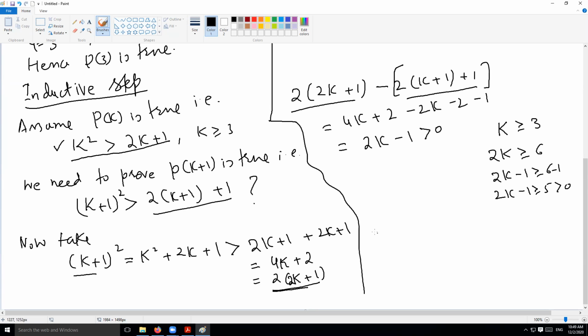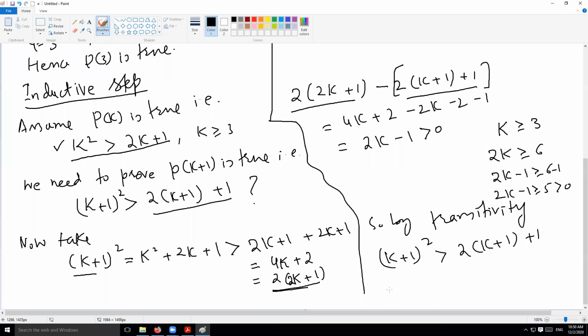So we proved that (k+1)² is bigger than this number, and this number is bigger than this number. So by transitivity, we proved that (k+1)² is bigger than 2 times (k+1) plus 1.